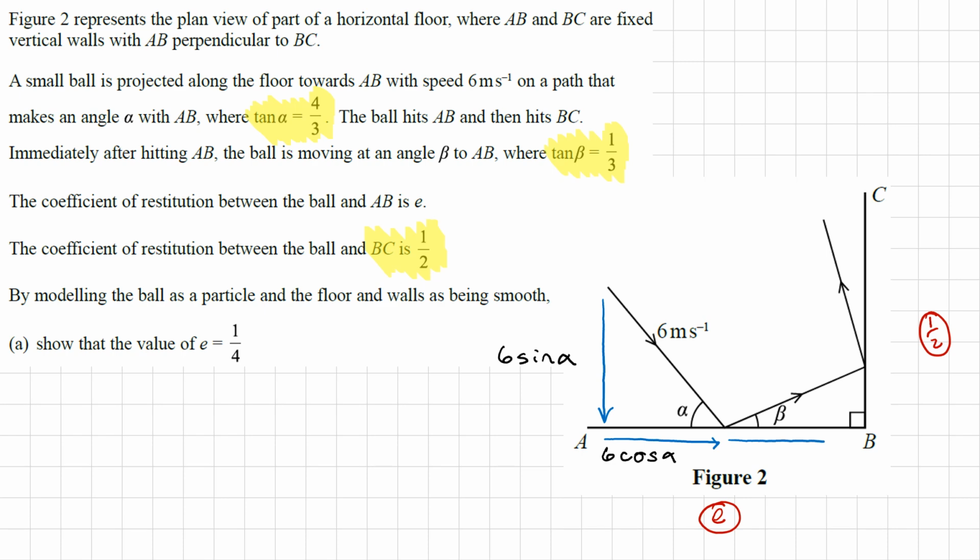And if we move on to the rebound, remember these are going to be equal. Now I'm going to introduce an unknown. I'm going to introduce V for this velocity here so that I can write the rebound velocity parallel to the wall as V cos beta, and then the one perpendicular to the wall here, this can be written as V sine beta, but it can also be written as this times by E, so 6E sine alpha.